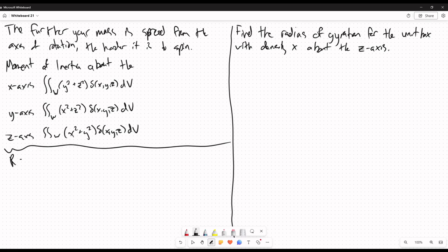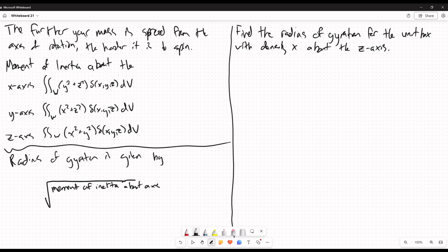And basically, the radius of gyration is given by the square root of the moment of inertia about that axis divided by the mass.